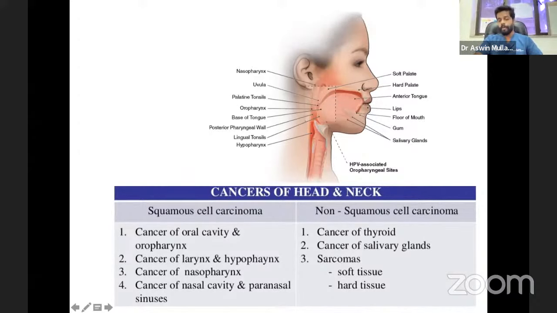It belongs to the oropharynx. Starting from the posterior tongue, palatine tonsils, then posterior pharyngeal wall, soft palate. All these things together constitute the oropharynx. Below that, we have one more division, hypopharynx, then larynx. Superiorly we have the nasopharynx. So these are the various anatomical subsites in head and neck.